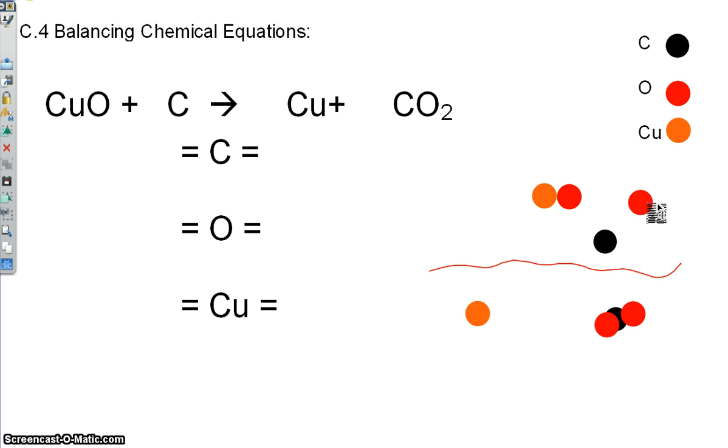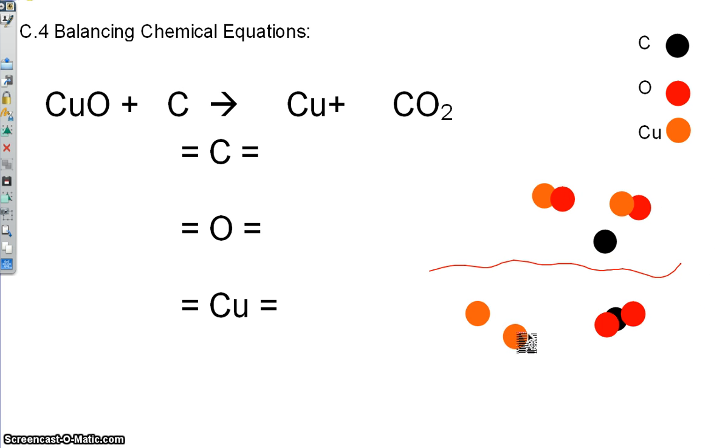Instead, I recognize that in the beginning, the oxygen comes with the copper, and in the end, when I rearrange this, these two oxygens can go with the carbon to make the carbon dioxide, and I have two copper atoms left over.